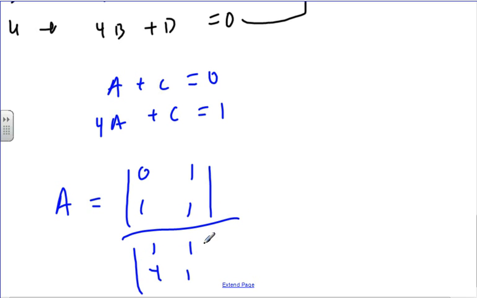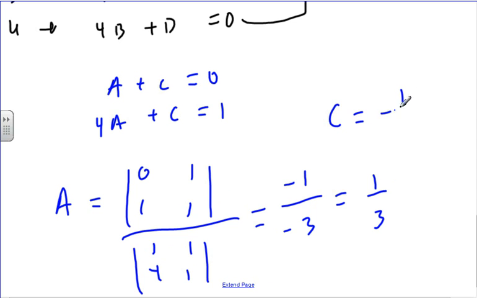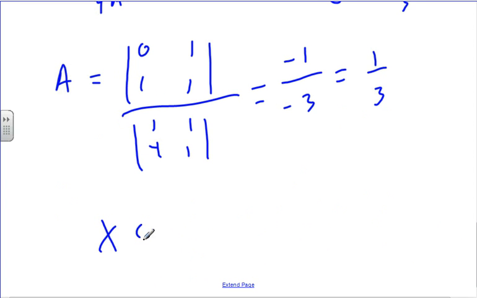I'm using Cramer's rule again. 0 minus 1 on top. 1 minus 4 gives me a minus 3. So a is 1/3. If a is 1/3, then c had best be minus 1/3, right? 1/3 minus 1/3 checks.